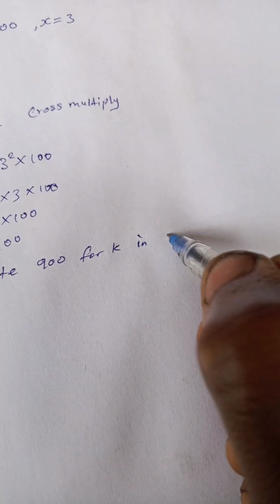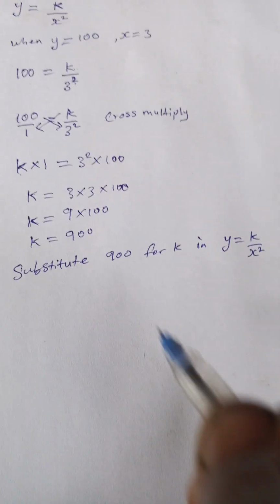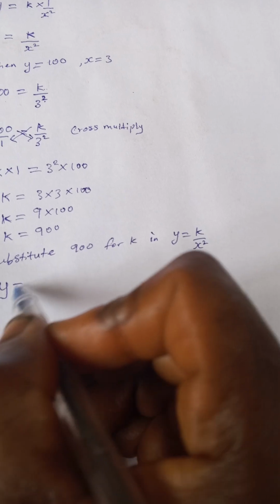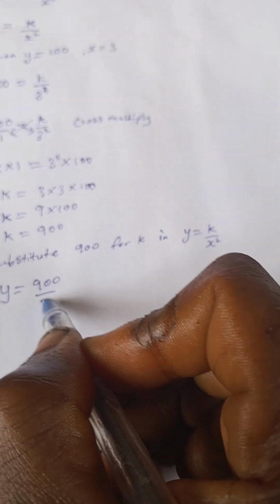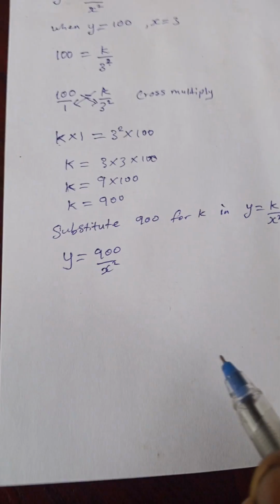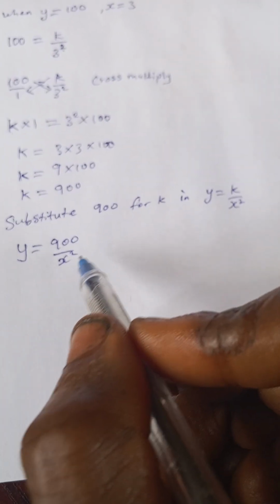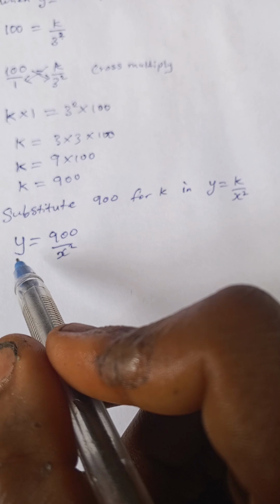in y equals k all over the square root of x. If we do that, we're going to have y equal to the value over the square root of x.